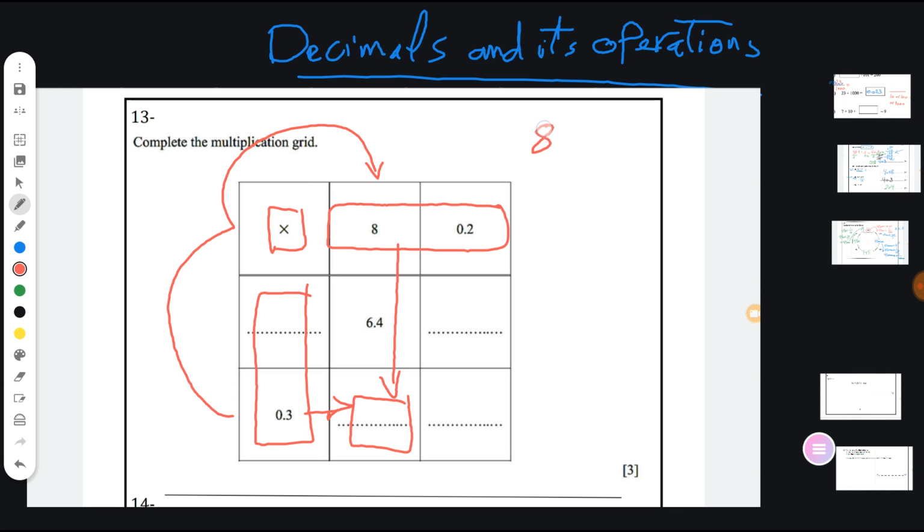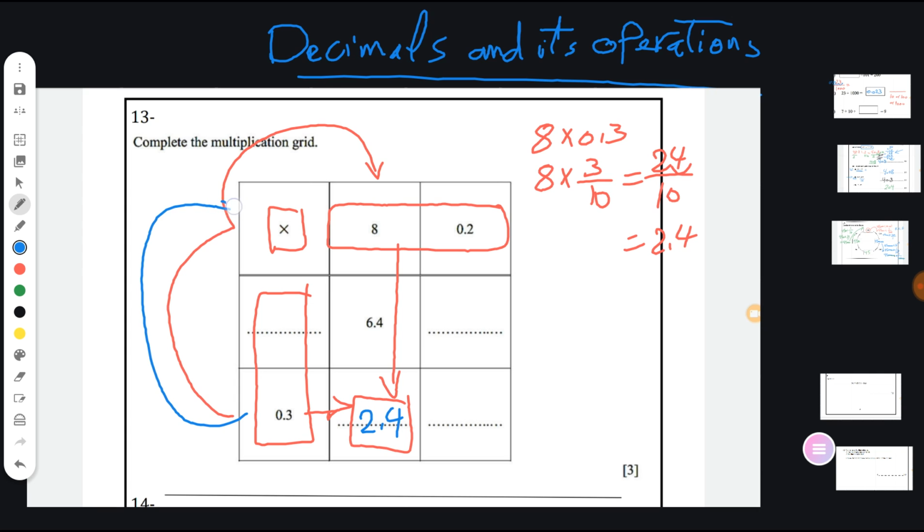So it's 8 multiplied by 0.3. I can write it as 8 multiplied by 3 over 10. 8 multiplied by 3 is 24. Over 10 means we move the point one place, so it will be 2.4. So the answer here will be 2.4. Okay, the same. 0.3 multiplied by 0.2.